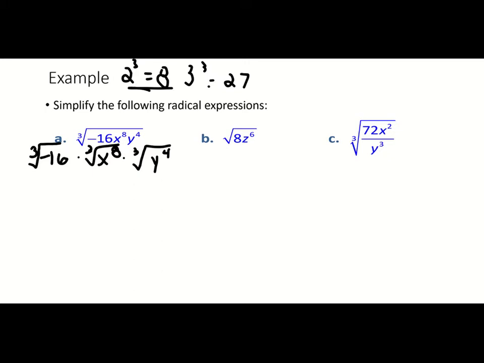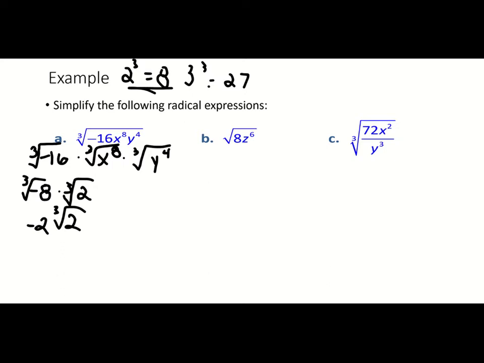And I know for negative 16 that I could do the cubed root of negative 8 times the cubed root of 2. The cubed root of negative 8 would be negative 2, and because it's a perfect cube, it comes out of the radical. And then we still have our cubed root of 2, which is not a perfect cube, so I will leave it where it is.